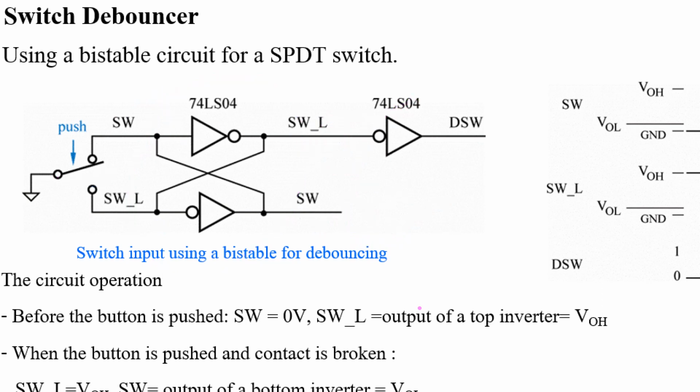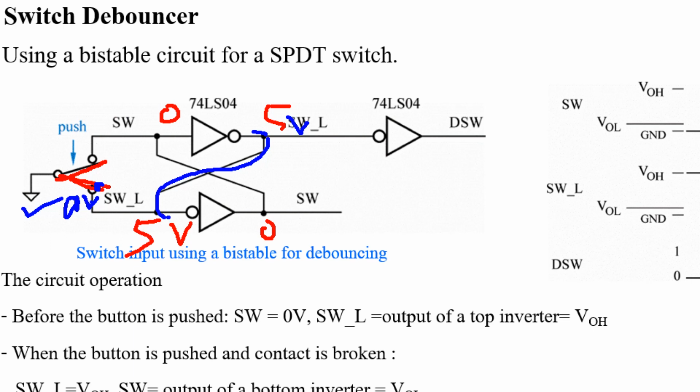Anyway, if you use this bistable circuit, some problem occurs because if you start from here, right, 0 at here, 0 at here, 5 at here, 5 at here, right? When this contact moves and touches this point, then this point becomes 0 volt suddenly, as this output is 5 volt, right?